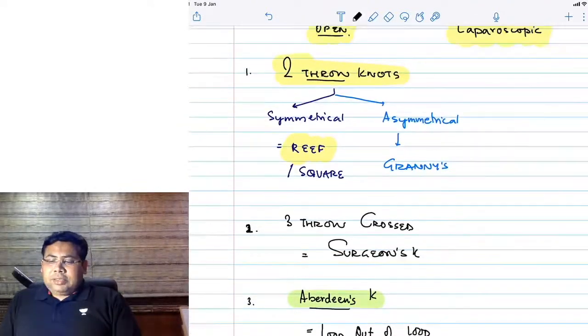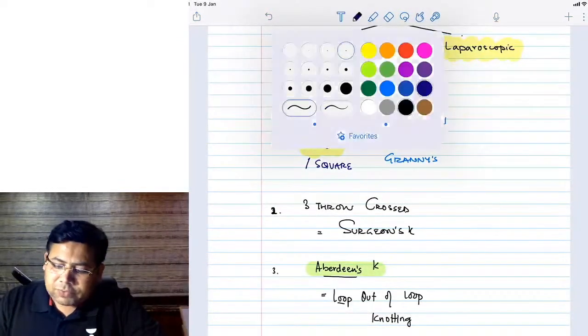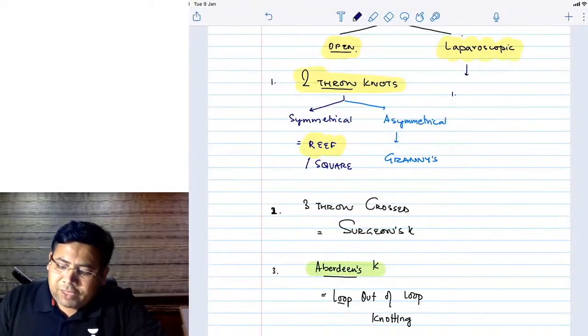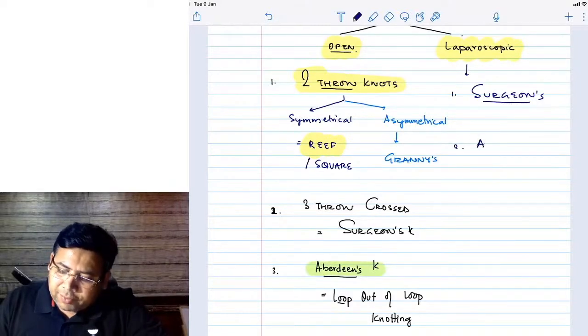When we talk about the laparoscopic knots, what are they? We have a laparoscopic surgeon's knot, and then we have a laparoscopic Aberdeen's knot.